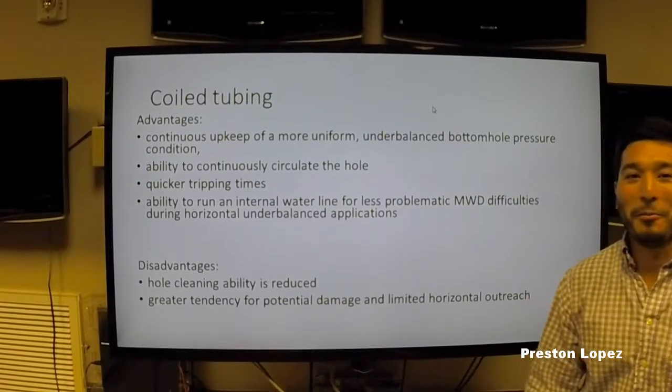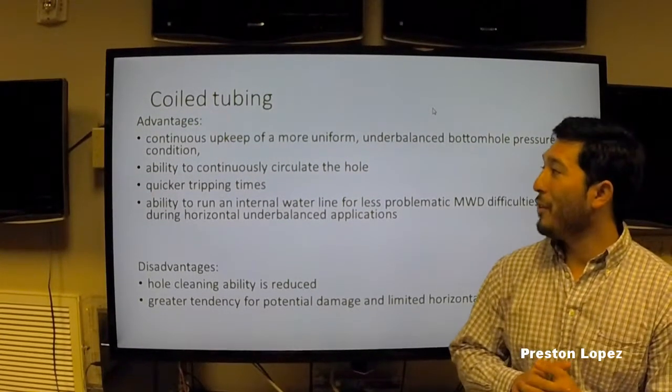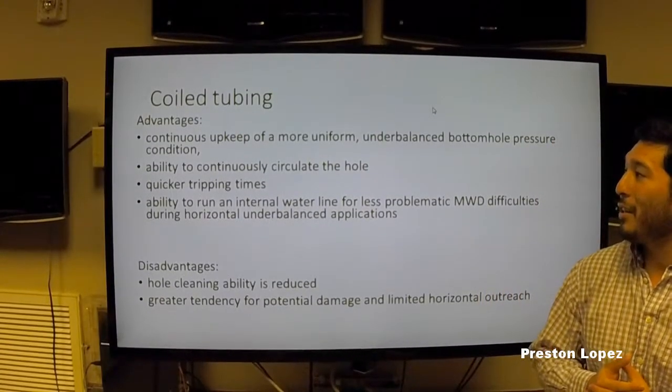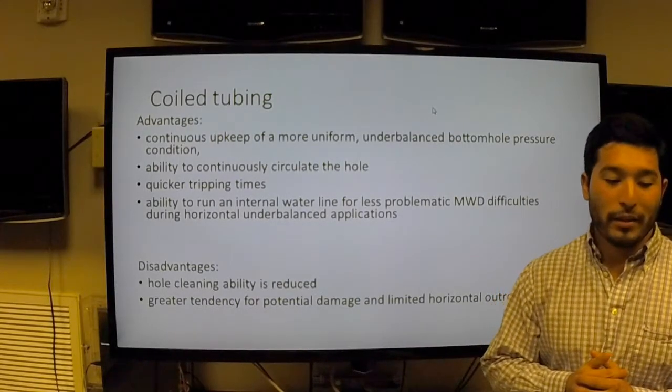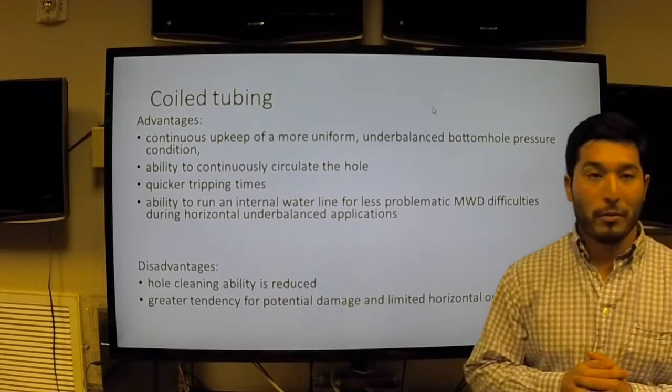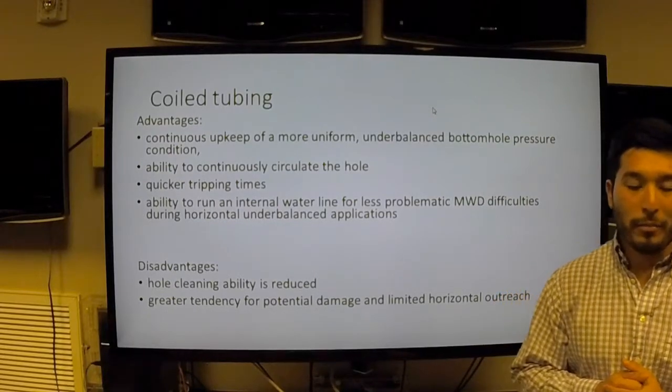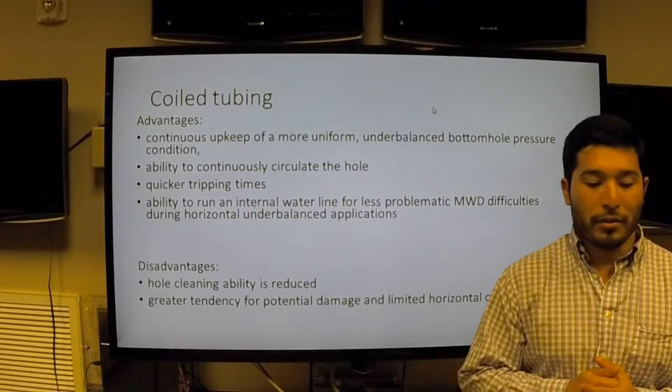Hi, I'm Preston Lopez, and I'll be briefly discussing a few of the steps that industry has taken to overcome skin damages. The use of coiled tubing for overbalanced and underbalanced drilling of vertical and horizontal wells may result in a decline of formation damage in certain conditions.